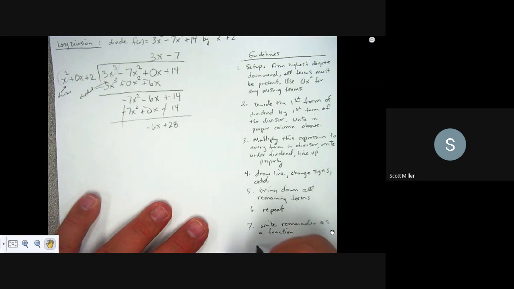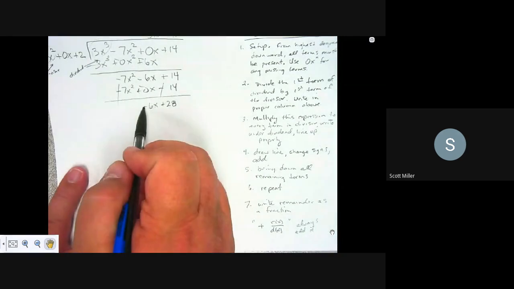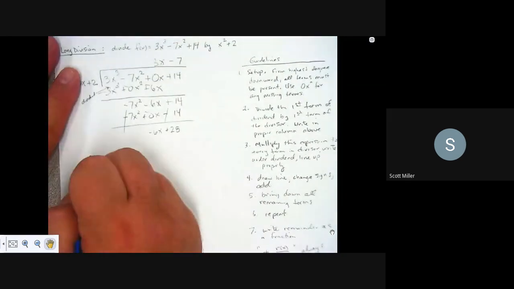And it's always plus the remainder: plus r of x divided by d of x. Always plus the remainder. Always add it. Even if the sign is negative, like this right here, it doesn't matter. It's going to be plus this number. So here's the answer, and this is how you would write it.